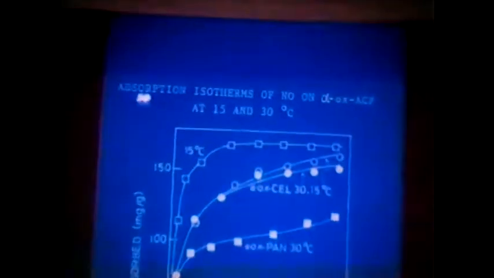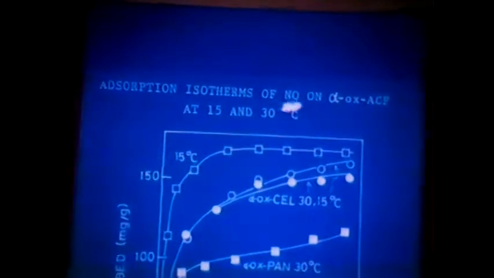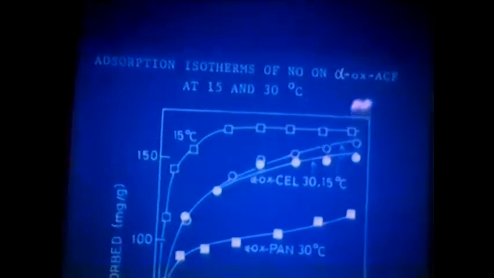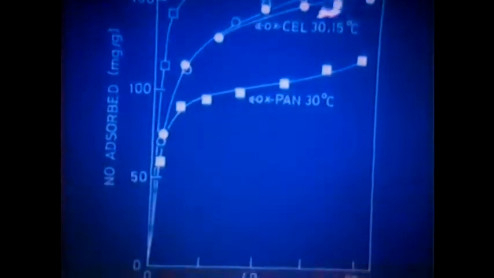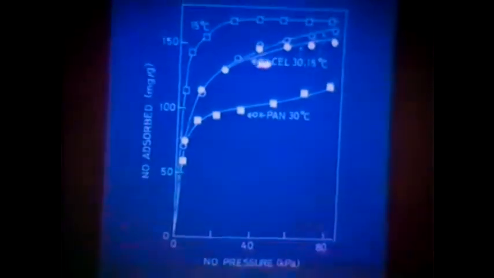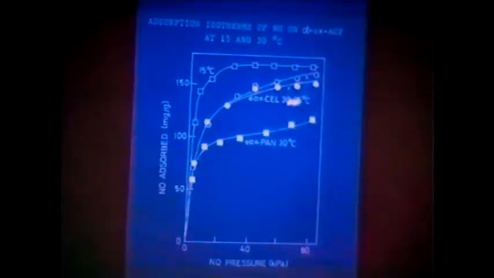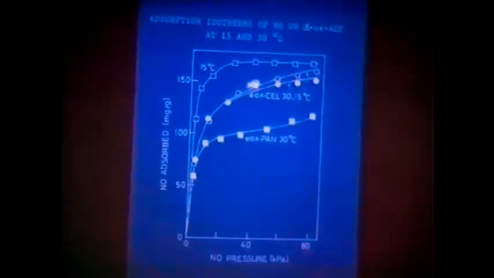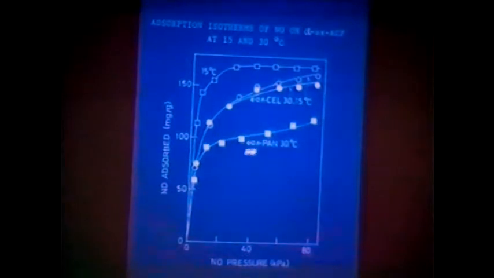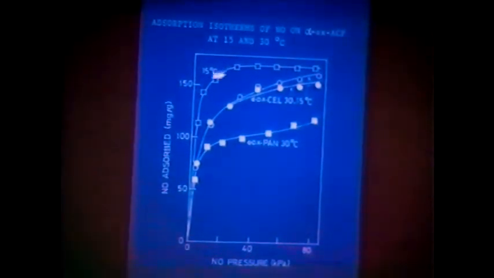This slide shows adsorption isotherms of NO on alpha-OX ACF at 15 and 30 degrees. The amount of NO adsorption of alpha-OX cell at 15 degrees is slightly larger than that at 30 degrees, while the amount of adsorption of alpha-OX PAN at 15 degrees is much larger than that at 30 degrees.